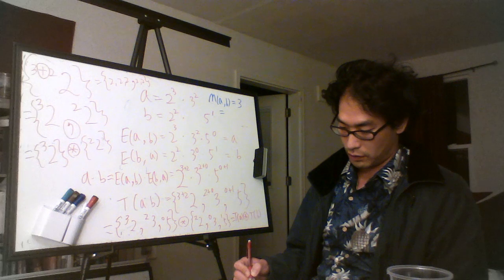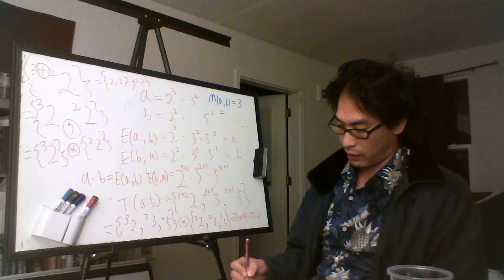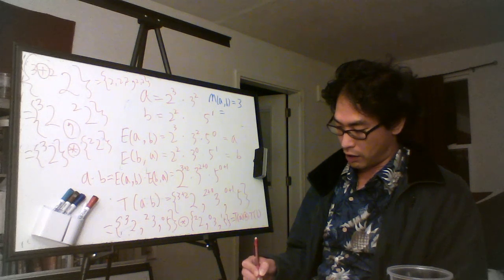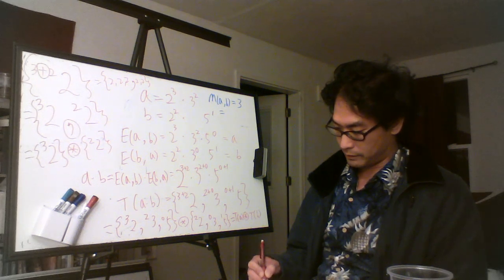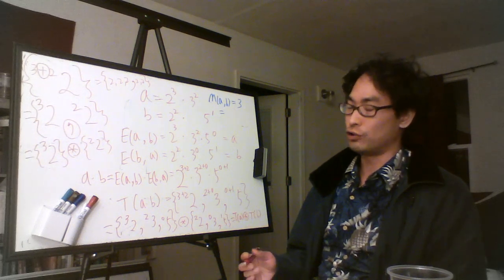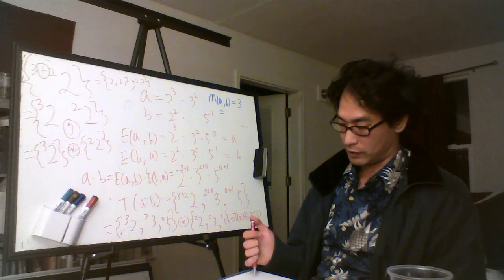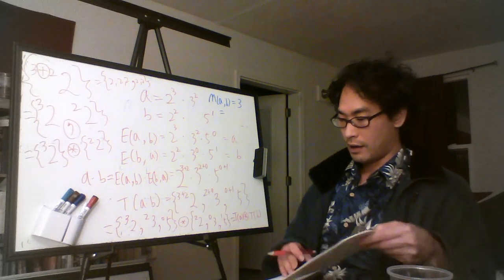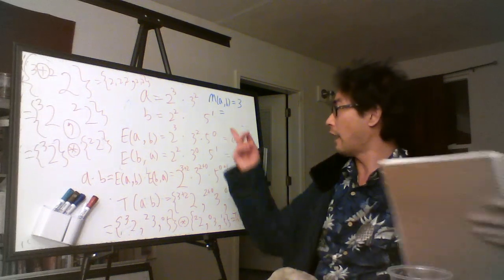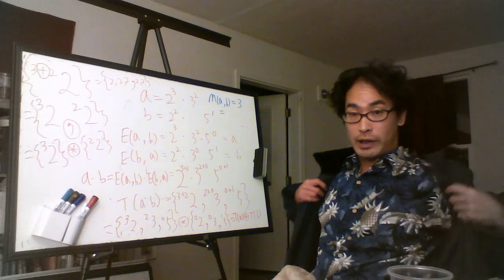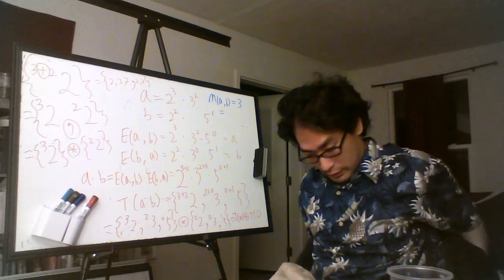C of r of t of a, which is c circle r circle t of a, CRT, like cathode ray tube. That's the D function, the distinction function. Now we're going to define the M merger function in a similar way.